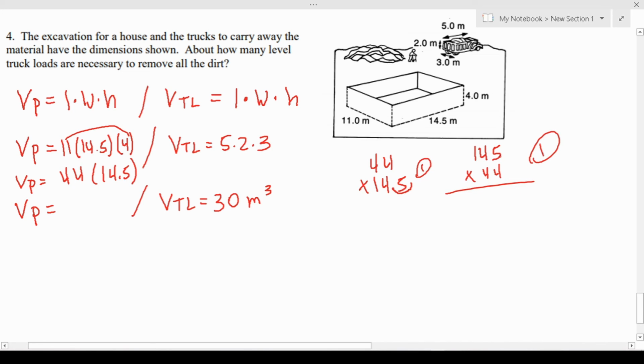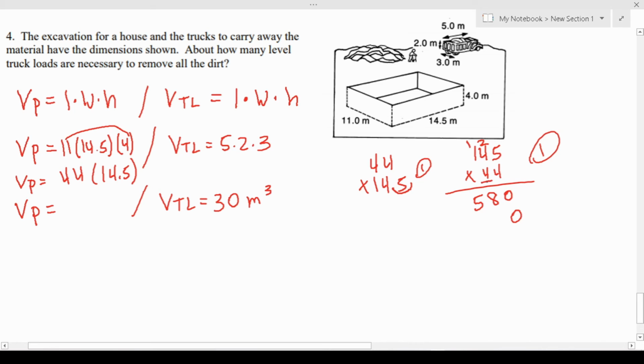5 times 4 is 20, so we'll carry our 2. 4 times 4 is 16, 17, 18, carry our 1. 4 times 1 is 4, plus 1 is 5.